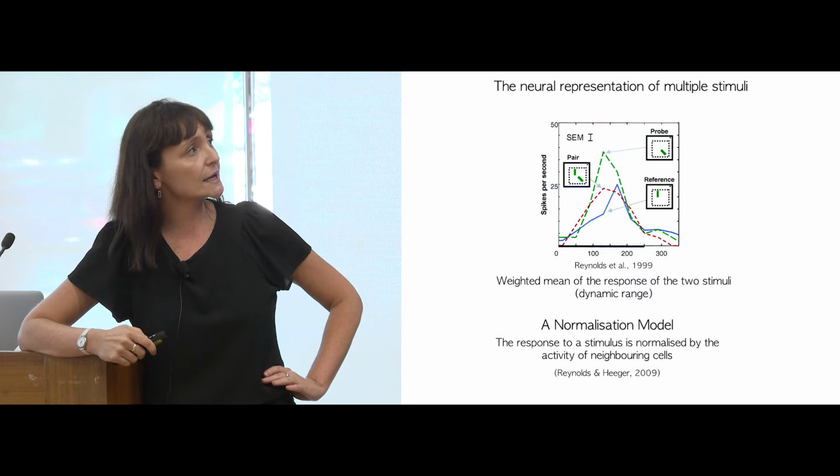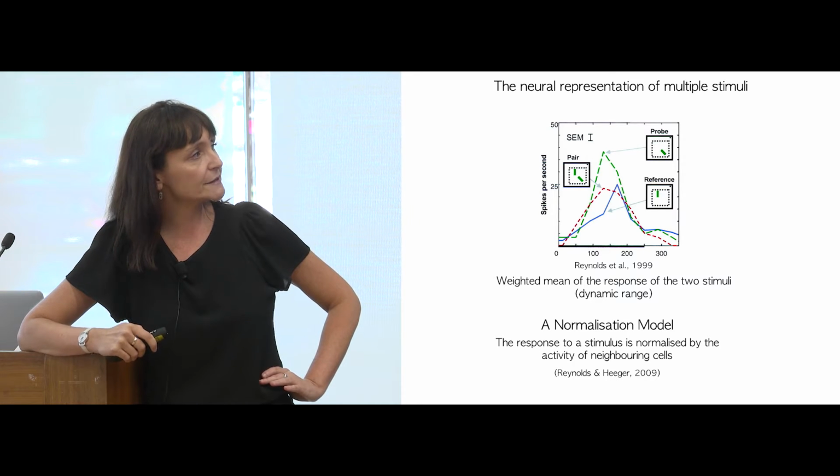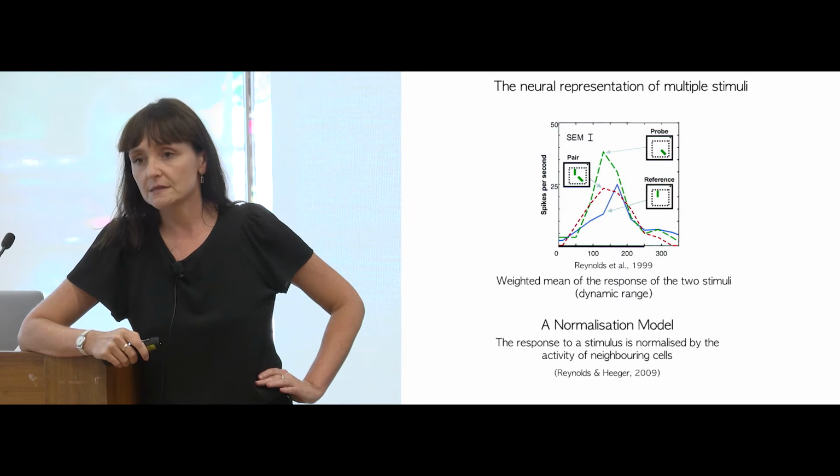And what they show is that when we present the cell with two stimuli, a preferred stimulus and a non-preferred stimulus, the response of the cell is the weighted mean of the responses to each of those two stimuli when they are presented separately.